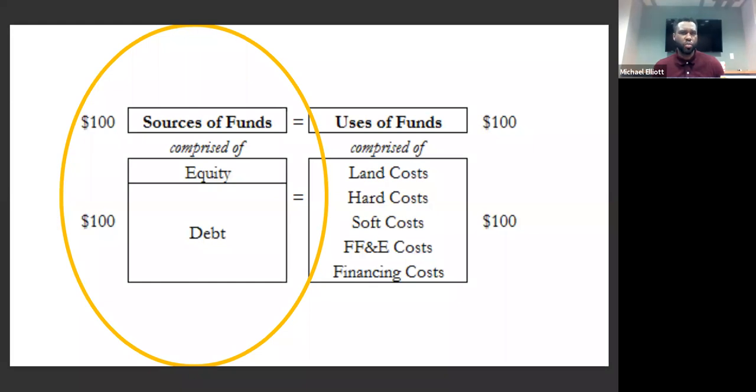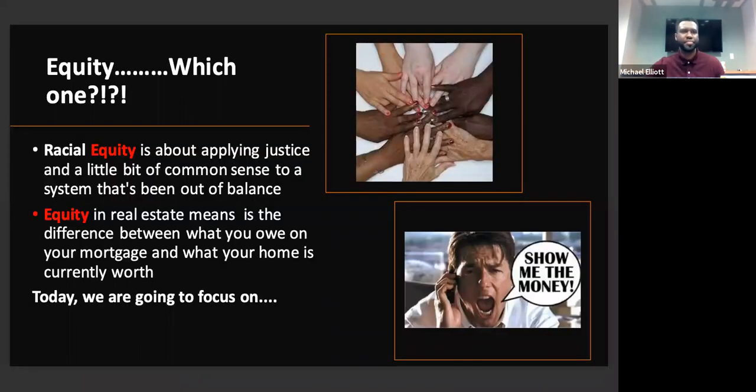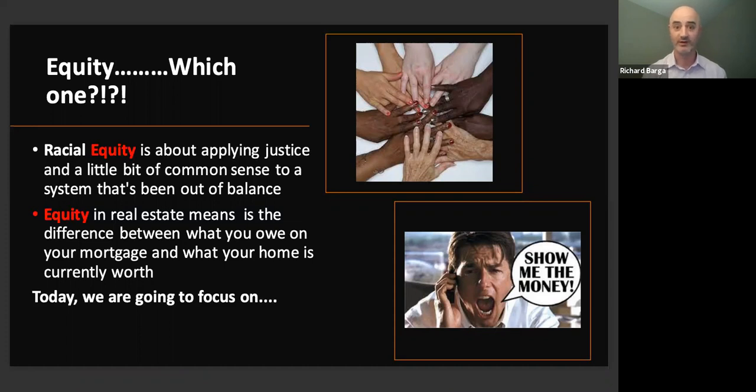So let's go to the next slide and talk a little more about equity. Equity is an interesting term. It can mean different things. When we are talking specifically about equity in real estate, it means something different than the term equity that's come up a lot in recent culture. You may have heard the term racial equity, and that's about applying justice and a little bit of common sense to systems that are out of balance, especially when it comes to minority communities and the bureaucratic ways that we live.